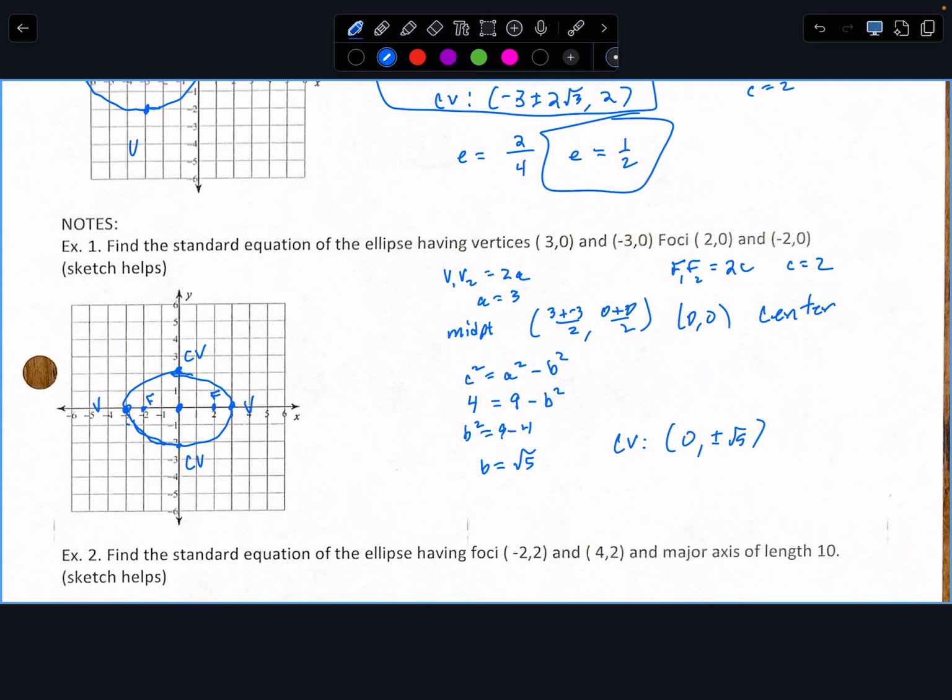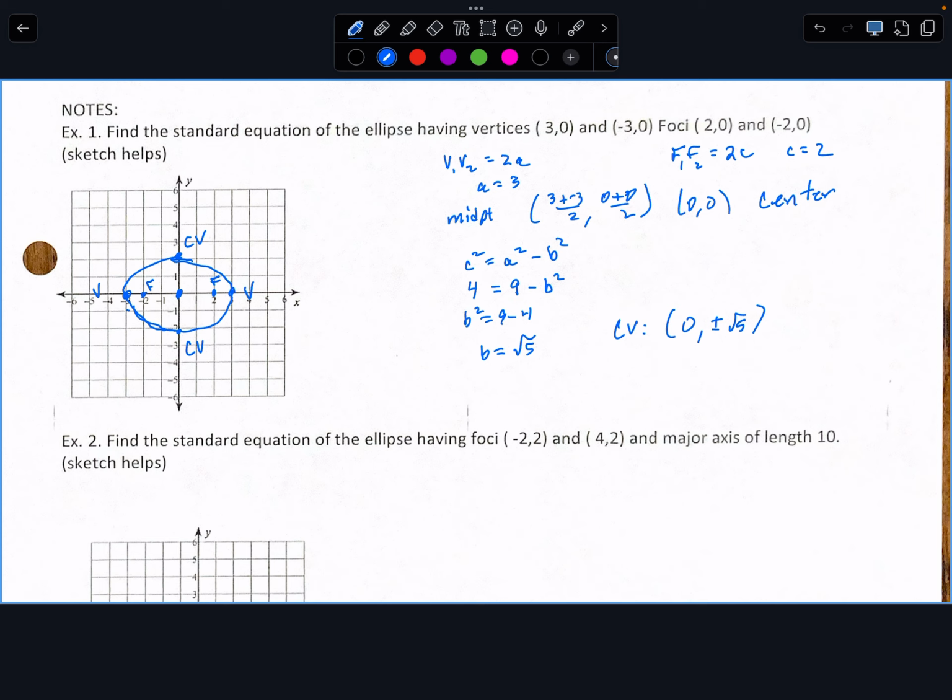Now we need to go ahead and find the equation. We always put x squared first and we put y squared second, and since it's centered at the origin, we don't have the quantity x minus anything or y minus anything. And a squared, since it's going longer left to right, goes under x squared.